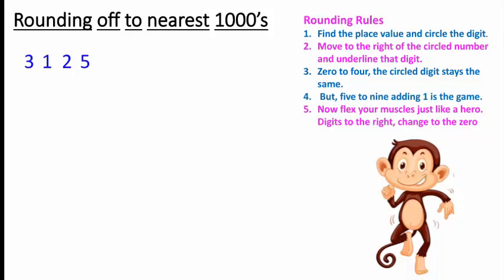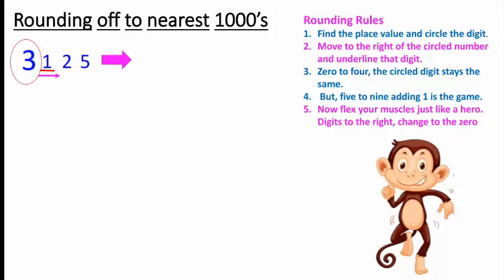The given number is 3125. So here the digit present in the thousands place is 3. Let us place a circle. Clear? After placing a circle, move to the right to find the next door digit. We have got the next door digit as 1. Now you can see that this next door digit is less than 5.